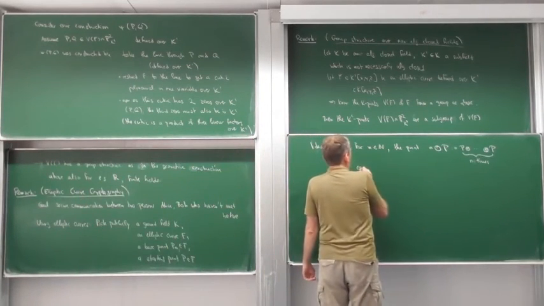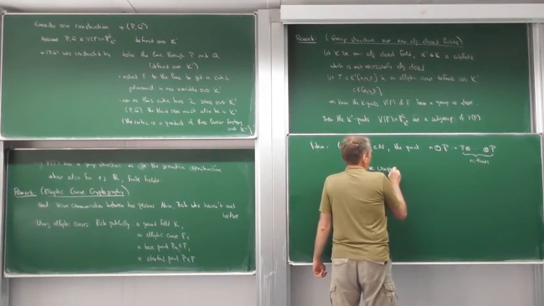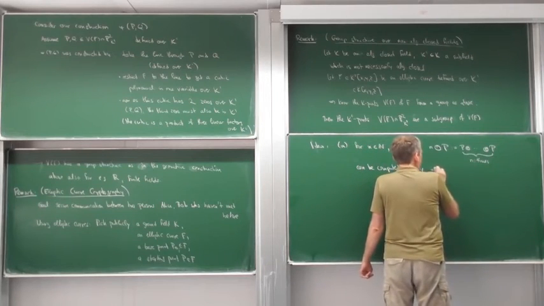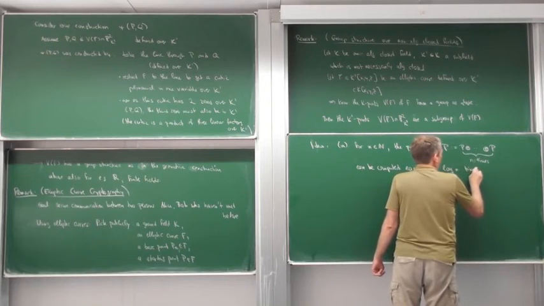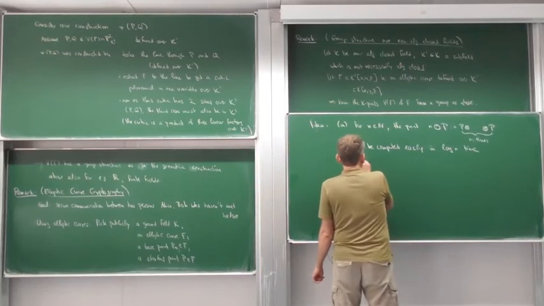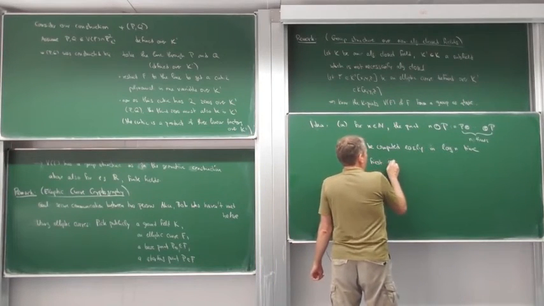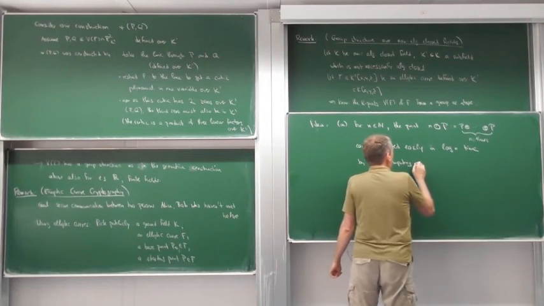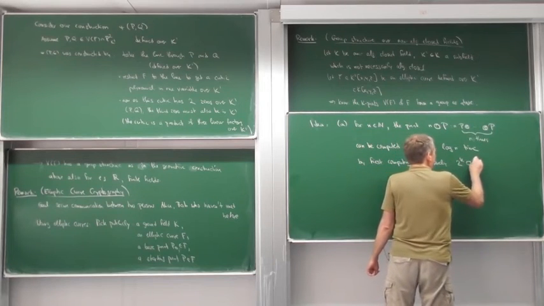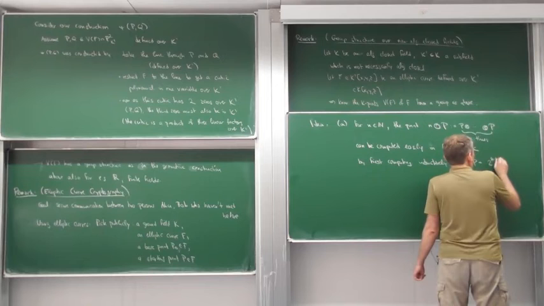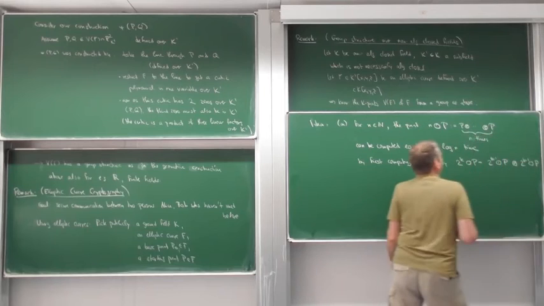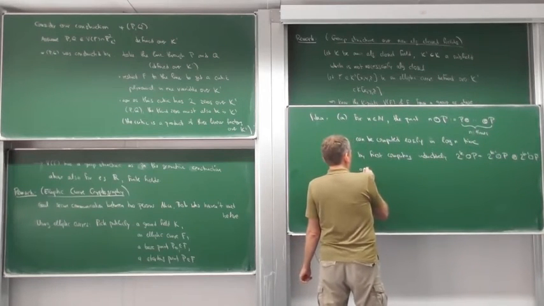So this can be computed not just easily, but fast, in log n time, by first computing inductively 2^k times P, which is 2^(k-1) times P plus 2^(k-1) times P, and using a binary expansion of n.